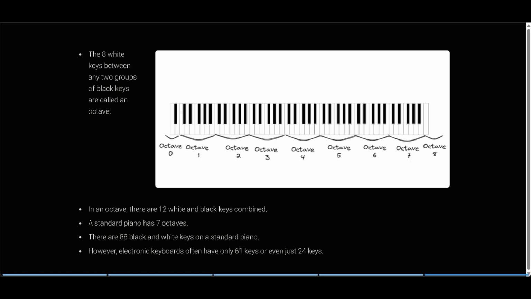There are 12 black and white keys combined. So the standard piano has 7.5 octaves actually. Almost 7. There are 88 black keys and white keys on a standard piano. This is a photograph of a standard piano.